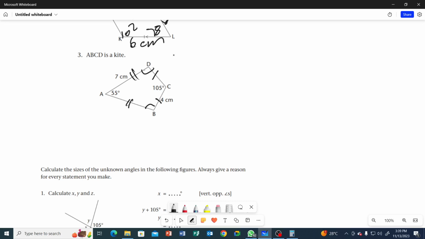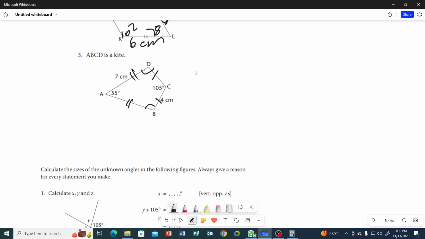Since angle D and angle B are the same, let D equal X so that we can easily substitute.